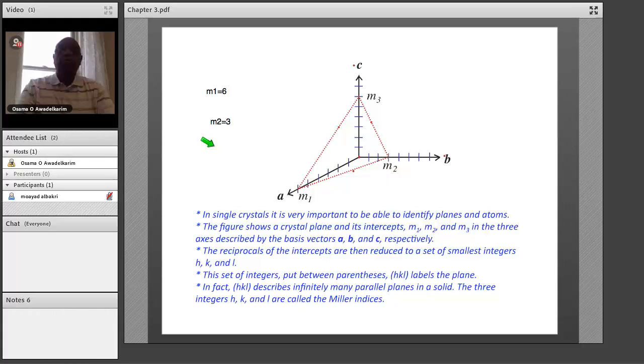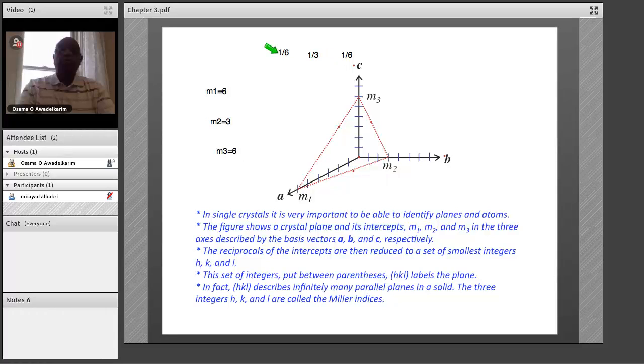Then we take the reciprocal of this. Reciprocal is 1 over m. So 1 over 6, then the second reciprocal is 1 over 3, and the third reciprocal is 1 over 6. Then we take the smallest integers in the ratio of these. So these are 1/6, 1/3, and 1/6.